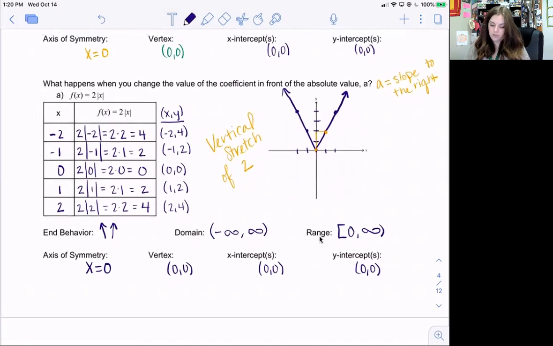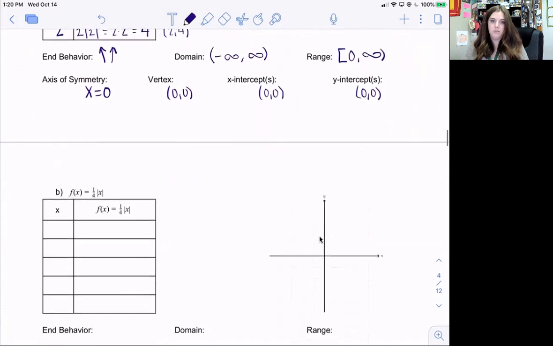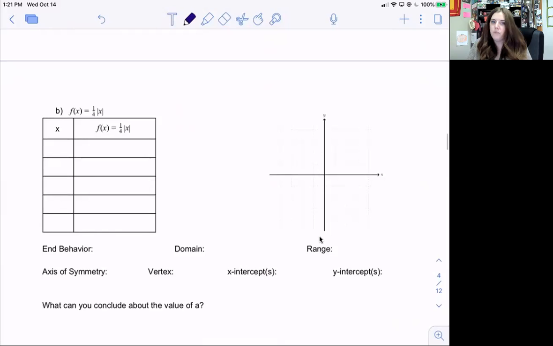All right, so knowing that, I want you to go ahead and try B, f of x equals 1/4 times the absolute value of x. You can either use the idea of the slope, or you can fill in the table. I'm going to help you out. If you do the table, let's use the points -4, -2, 0, 2, and 4.